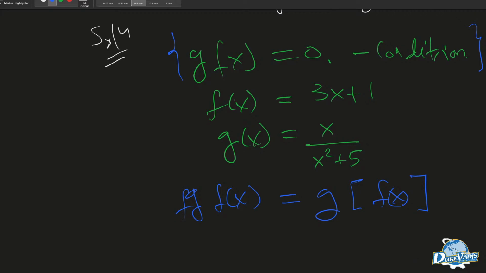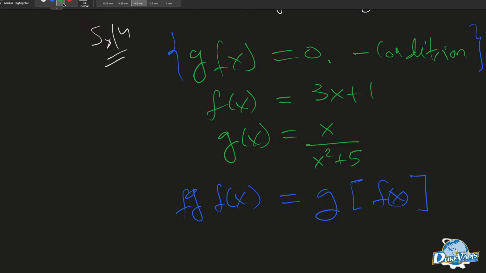then to be able to get the function g of f of x to be equal to 0, g of x is x over x squared plus 5, and f of x is 3x plus 1. So what we are going to do is to substitute f of x into g.